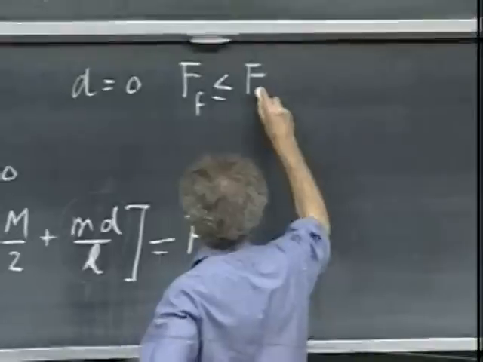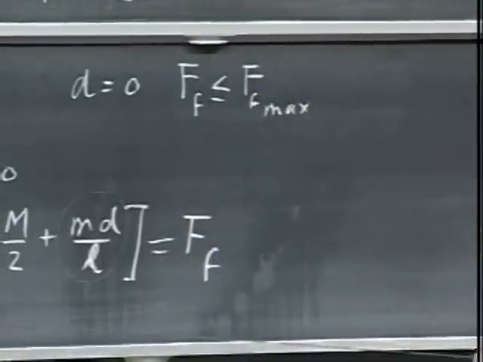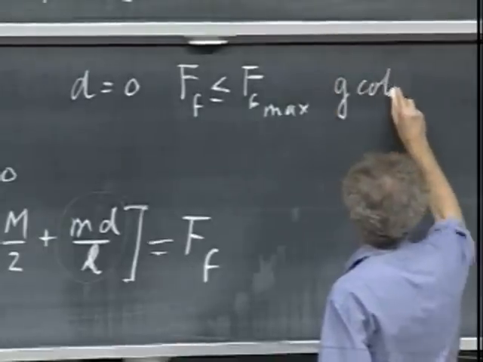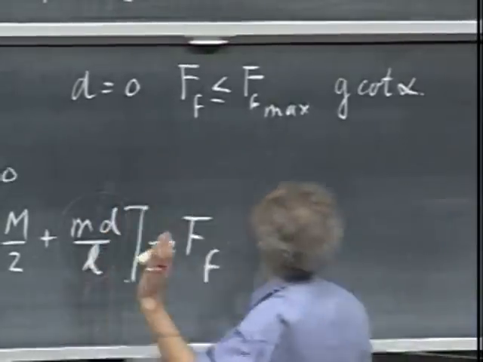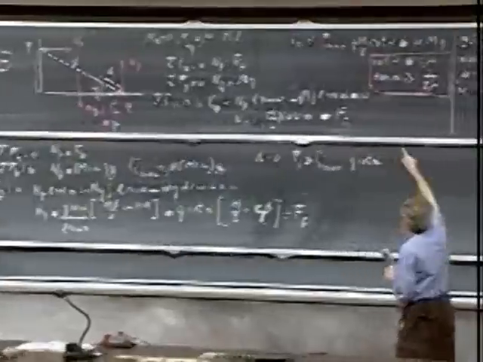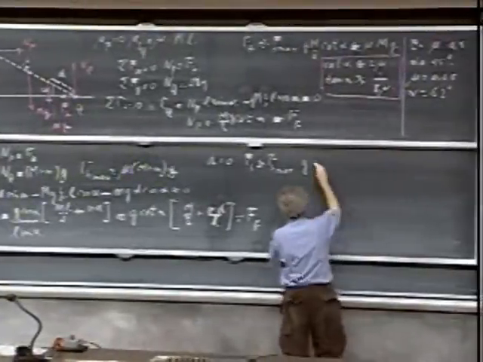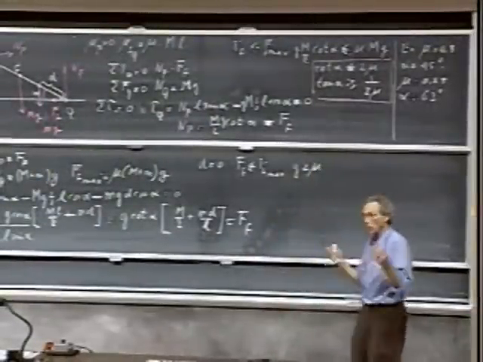So now the situation is only safe as long as the frictional force is smaller or equal to the maximum value possible. And that's the case when g cotangent alpha, but remember we set it at the critical angle so that cotangent alpha is 2 mu. So I can replace this by 2 mu because that's the way I set up my experiment. I don't start with a random angle.